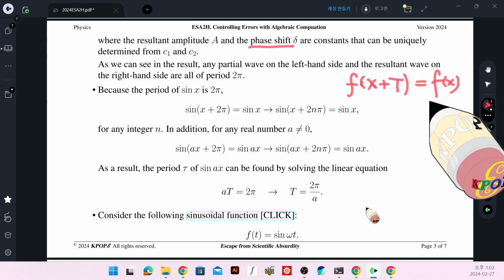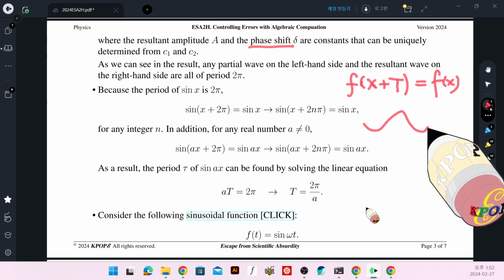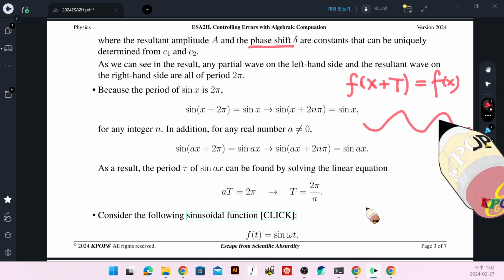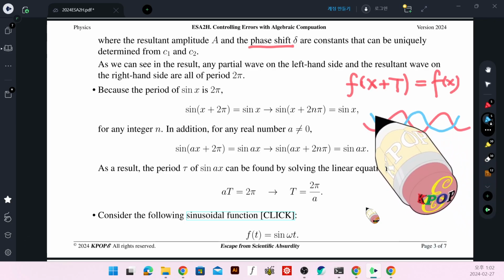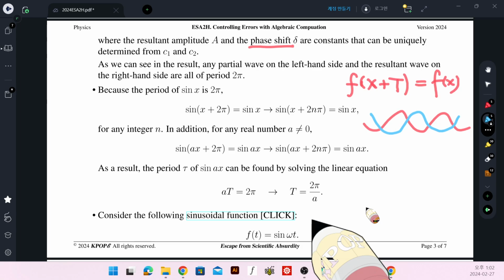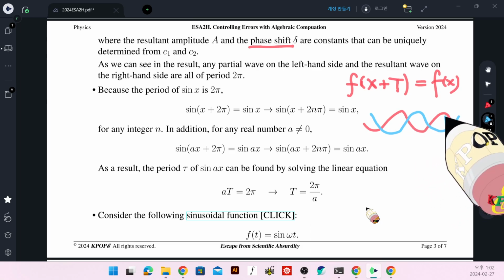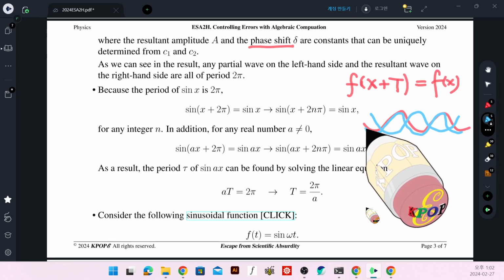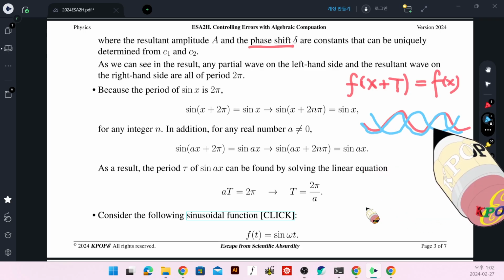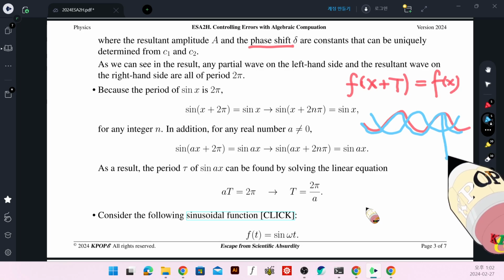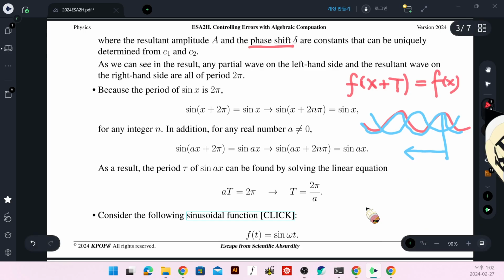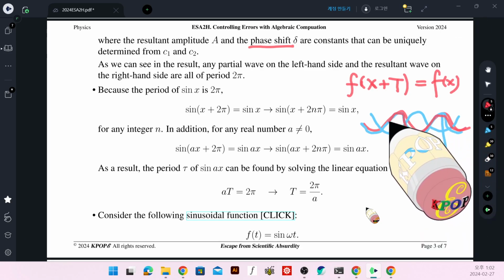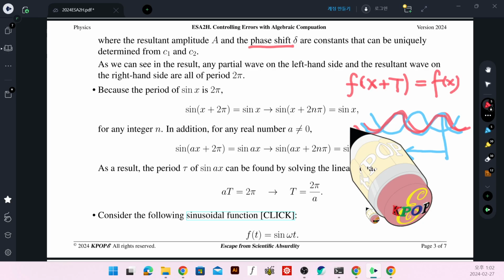This translational symmetry of sine, and if I shift this one a little bit, they are different. But if we go further to make it overlap with the previous one, that means if I shift this point to there, in that case, the original function is reproduced.